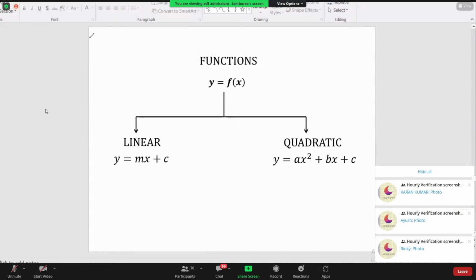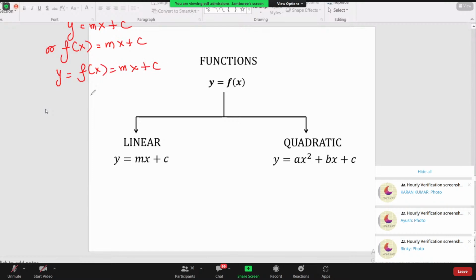Now, a linear function can be written in four different formats, but all make the same sense. You can write a straight line as a function in the form of y is equals to mx plus c. It will denote a straight line. Or you can write it as f of x is equals to mx plus c. That will also denote the same thing. You can write it as y is equals to f of x is equals to mx plus c.